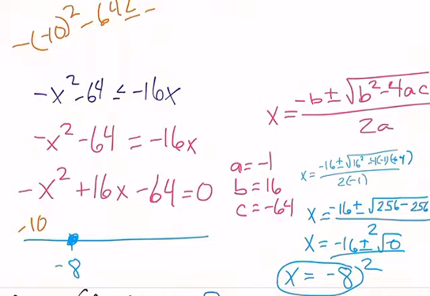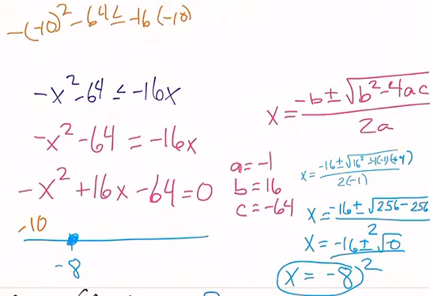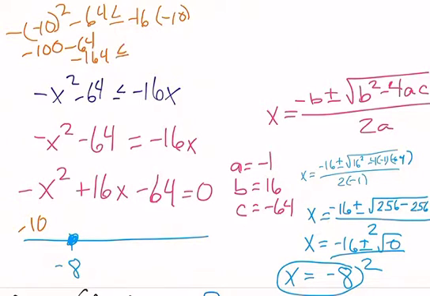Is that less than or equal to negative 16 times negative 10? Okay. Just checking it out. That turns into a negative 100 because negative 10 squared is 100 times a negative 4. So I have a negative 164. Is it true that is less than or equal to a positive 160? Yes, it is. That's part of my answer.